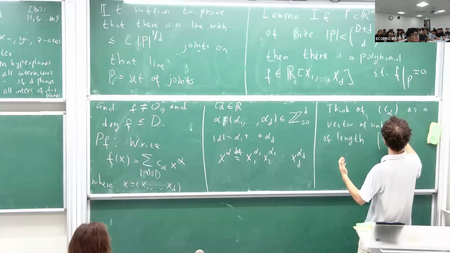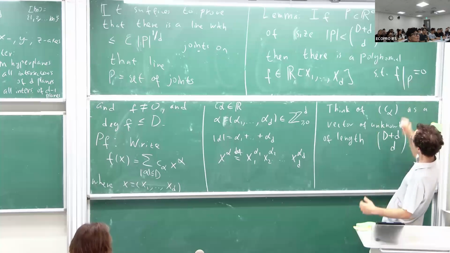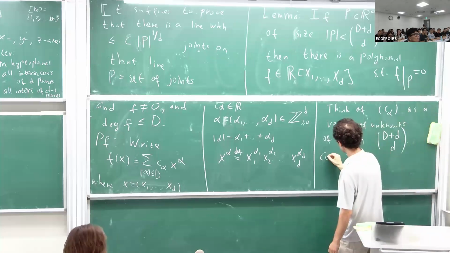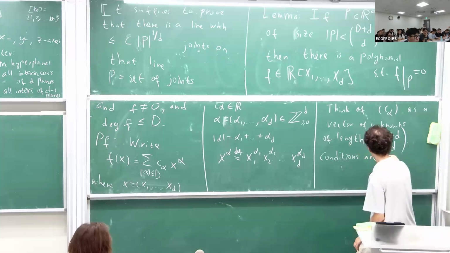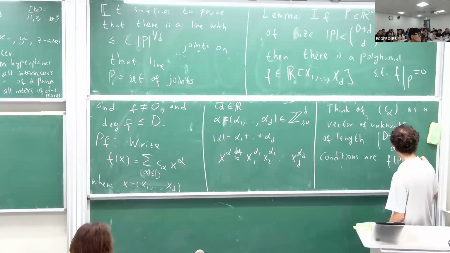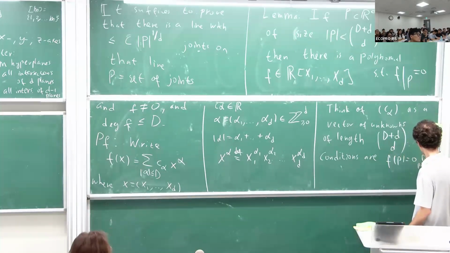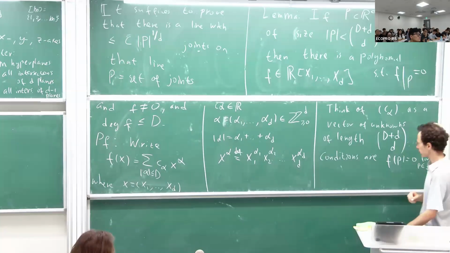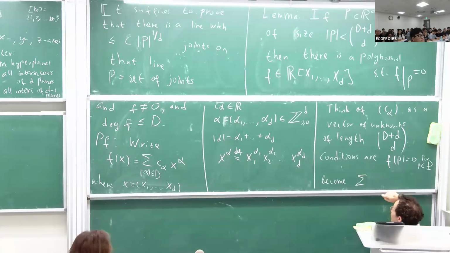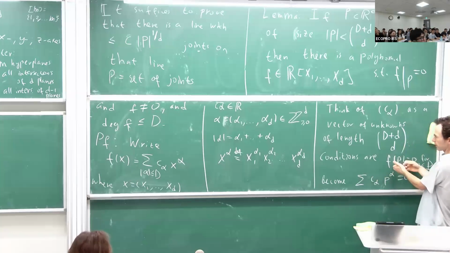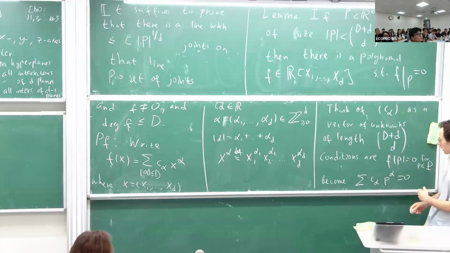I want the conditions that F vanishes at every point of P. The condition is that F equals 0 at every little p in capital P. If I plug it in, the condition becomes the sum of c alpha p to the alpha equals 0. This is linear in the c alphas.